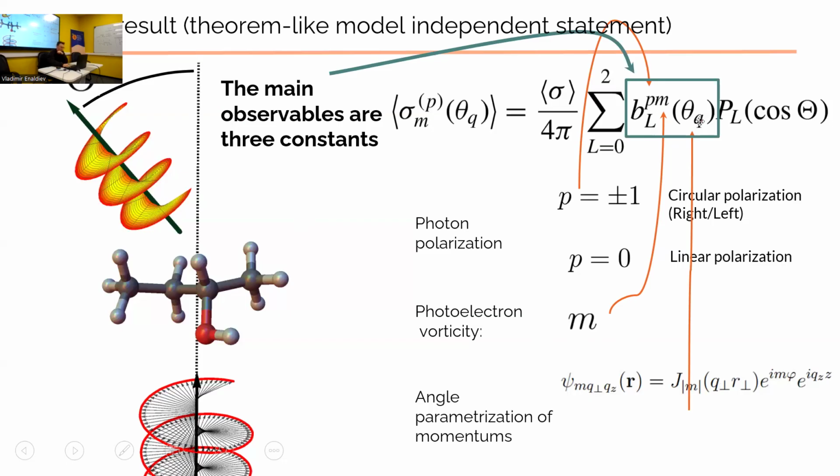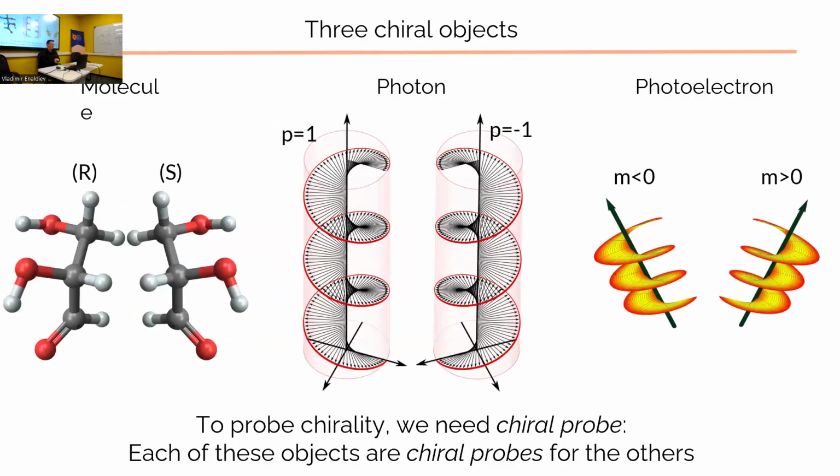And we have three chiral objects. The molecule, which can be in left and right versions, because chiral molecules have two enantiomers. We have the photon, which also can be chiral if it is circularly polarized.